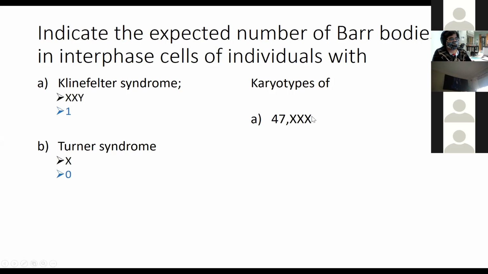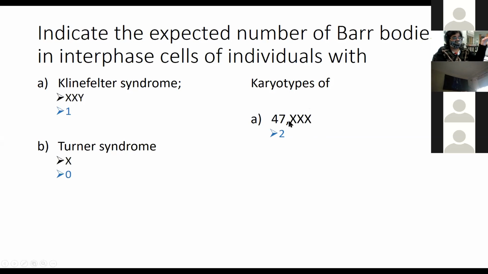Oh, so is it also one? So 2 are bar bodies? 2. In this case, the 47 is the syndrome name, I guess, because it's adding on one more chromosome here. And in this case specifically, the genotype is telling you that there is an extra X chromosome.